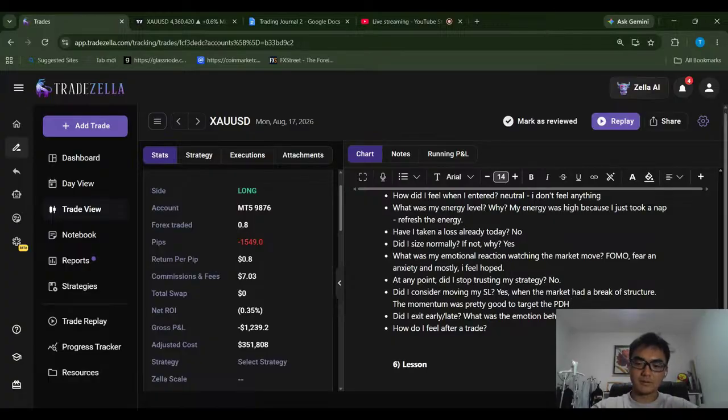It was also supported by the higher time frame alignment, like H1 and H4 for pricing.